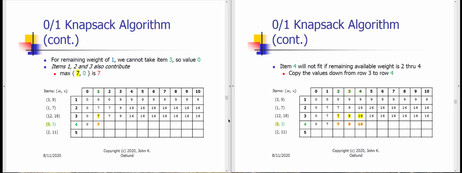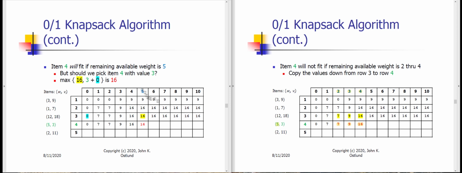We finally arrive at an interesting change when we get to column 5. That is, now we have 5 units of available storage in our knapsack, and we can use item 4 if we wish.